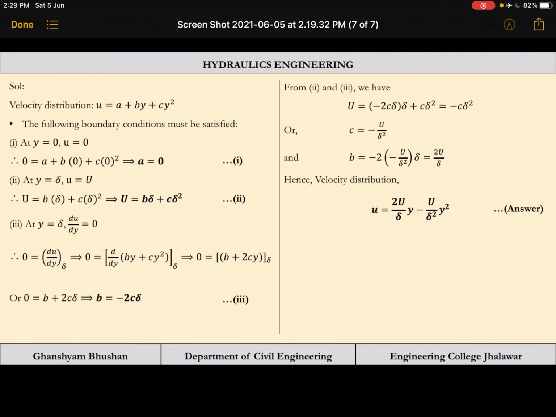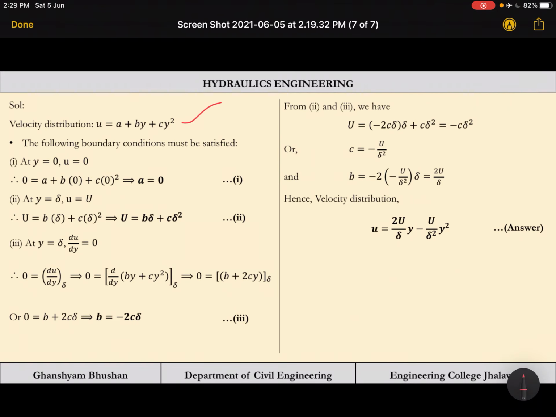Given u as the quadratic equation, a second order polynomial, at y equal to 0, u will be 0. So from this, a has nothing to do with y, and b into y plus c into y square are 0, so a will be 0. At y equal to delta, u is capital U, the free stream velocity.